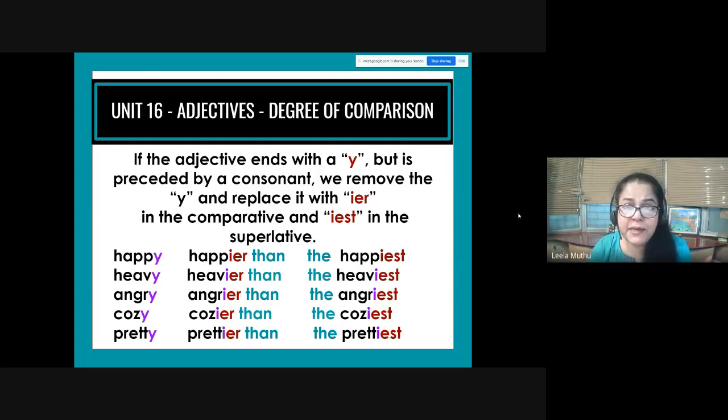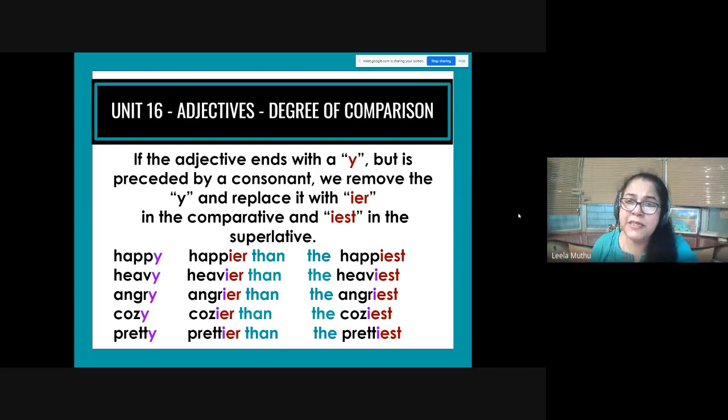So happy: the Y is removed and we add IER, so it will be happier. In the superlative we remove the Y and add IEST: happiest. So happy, happier, happiest.